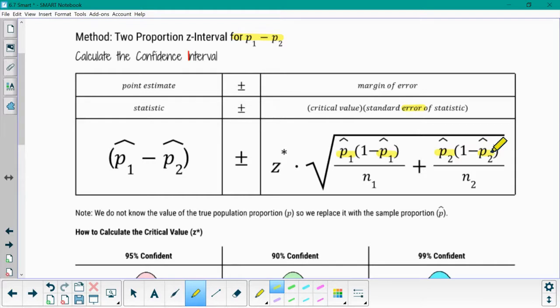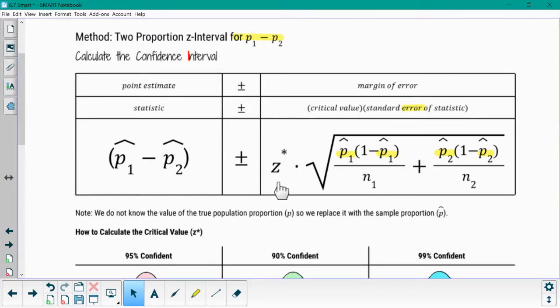So not quite the standard deviation, but as close as you can possibly get. And one thing that is also different is we are taking the difference, and that's why it's important when you're naming your test to state how you are subtracting. p1-hat minus p2-hat, plus or minus our critical value.